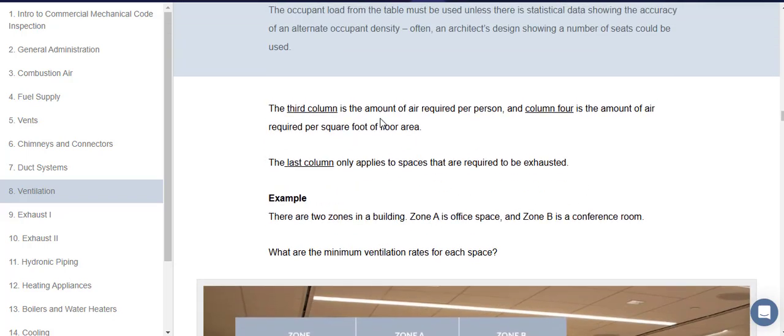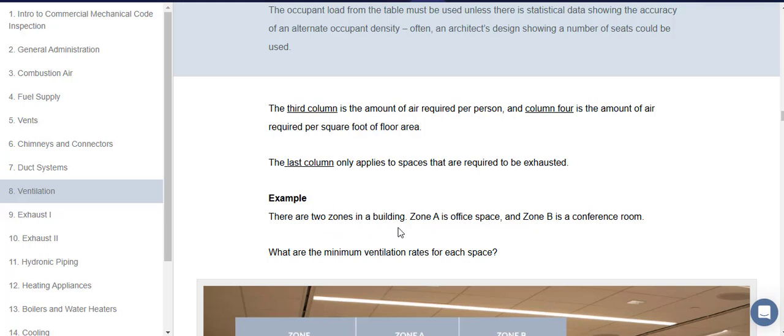The third column is the amount of air required per person, and column 4 is the amount of air required per square foot of the floor area. The last column only applies to the spaces that are required to be exhausted.